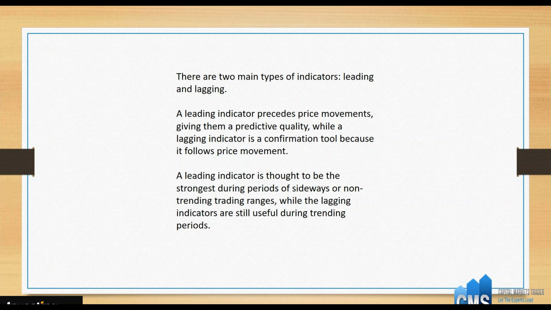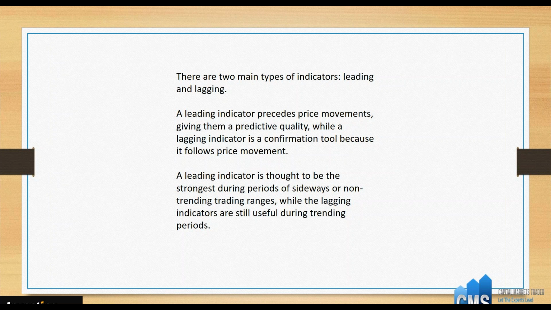A leading indicator precedes price movement, giving it a predictive quality, while a lagging indicator is a confirmation tool because it follows price movement. Now, that doesn't mean that one's better than the other. A leading indicator simply tells you ahead of time that the trend is about to end, or predicts it, but it can't pinpoint the end of that trend.